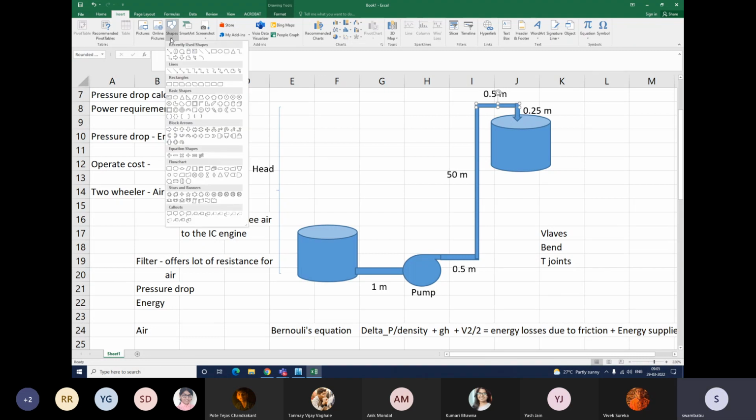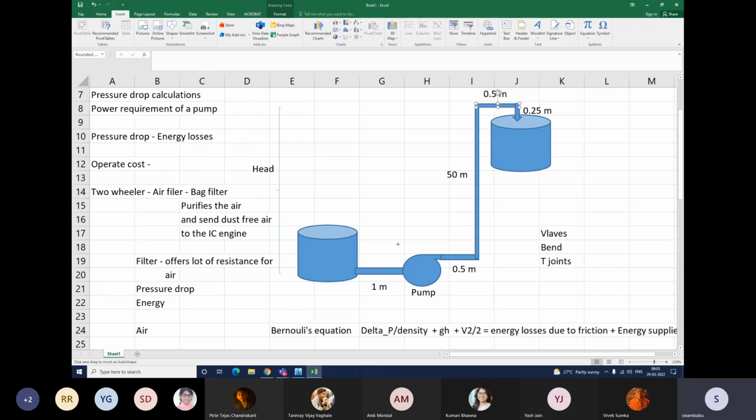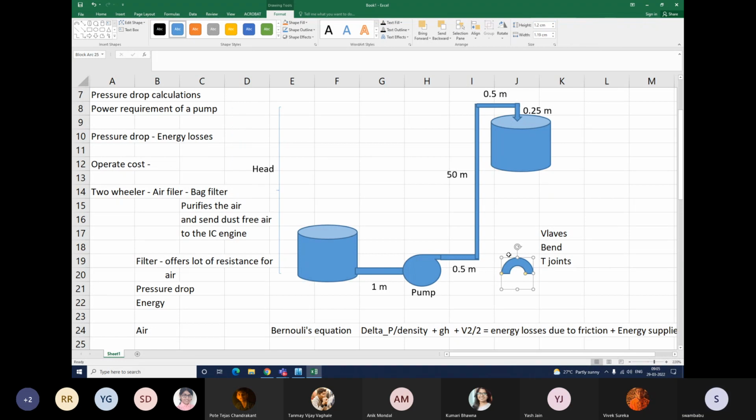These are the typical bends we use. So instead of a smooth pipe, we will use this type of bend.